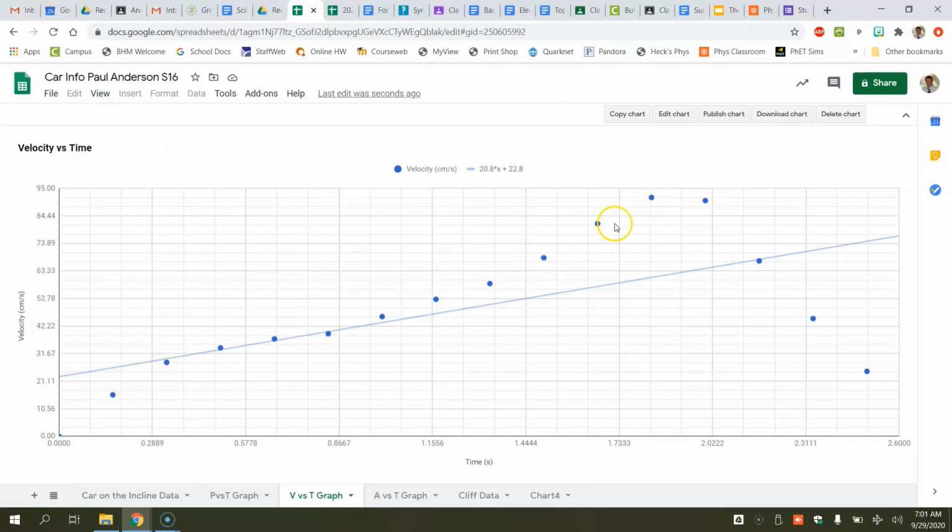So like 91.5 and 1.8. I'm going to grab a calculator quick. Let's just do 91.5 divided by 1.8. So we're at about 50 centimeters per second squared.